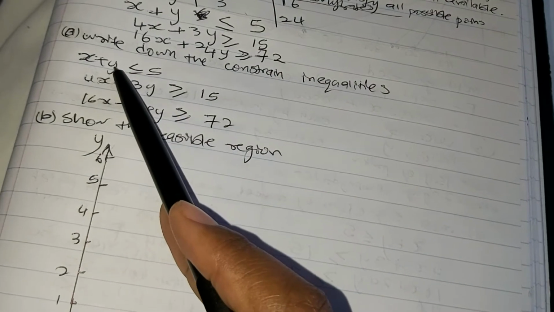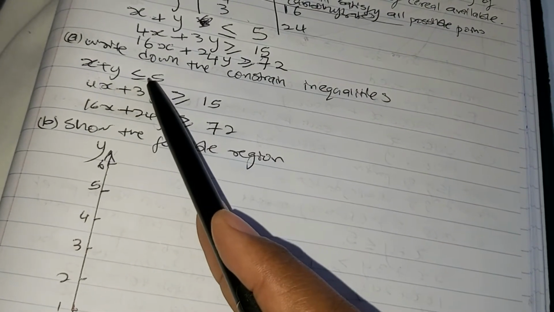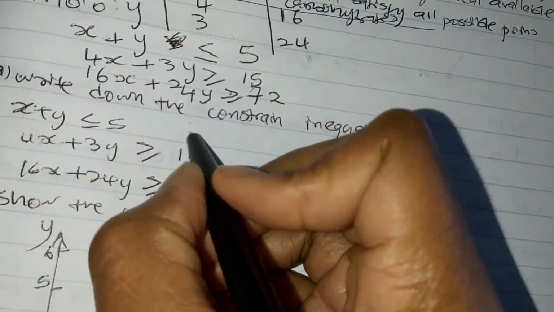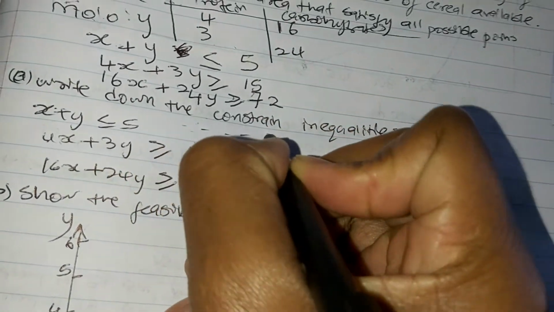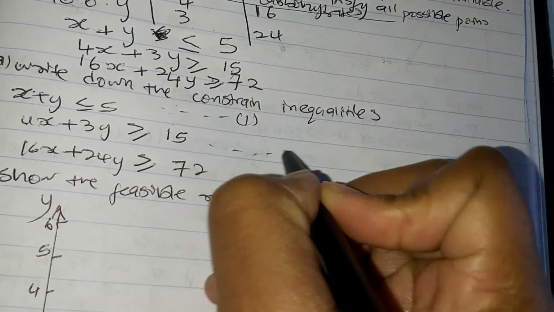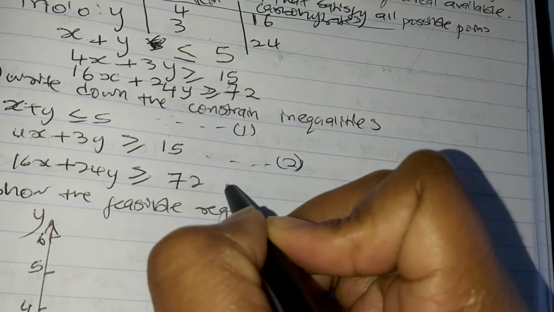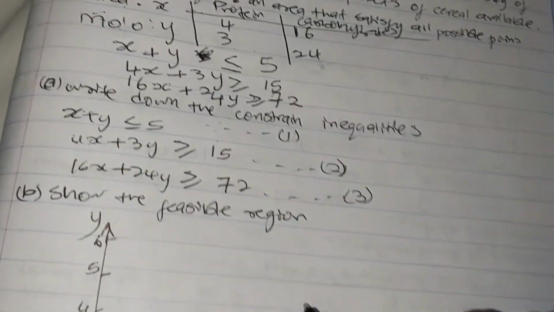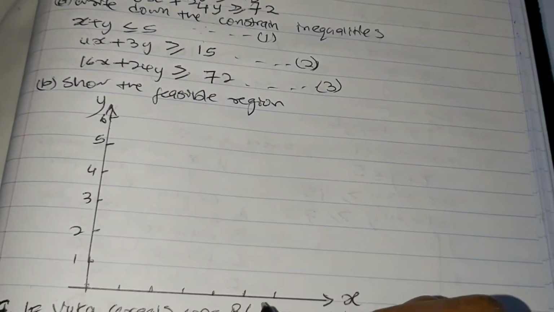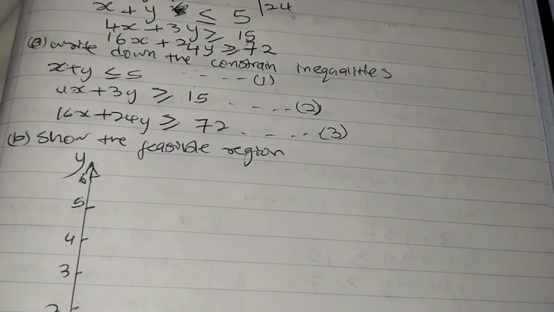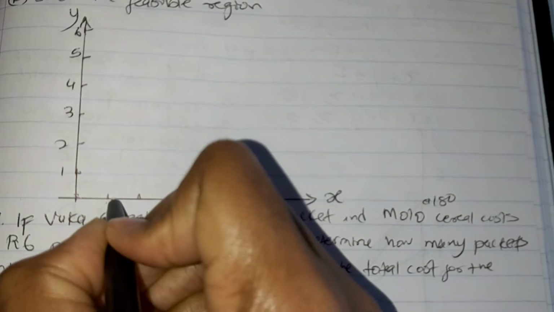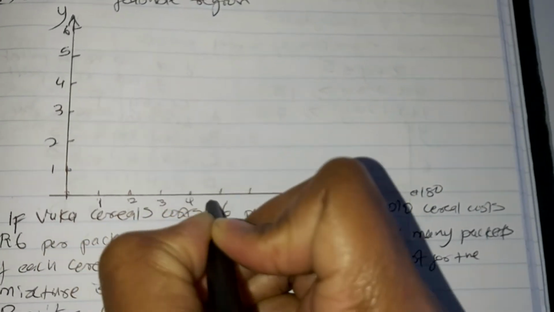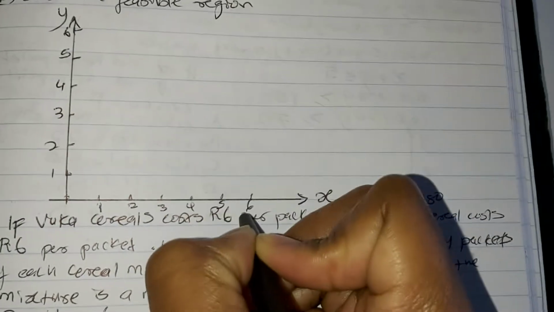So let's start with the first one. Let me give them numbers. This is equation 1. This is equation 2. This is equation 3. So from equation 1, if y is 0, x is 5. So this is our number line: 1, 2, 3, 4, 5, 6.